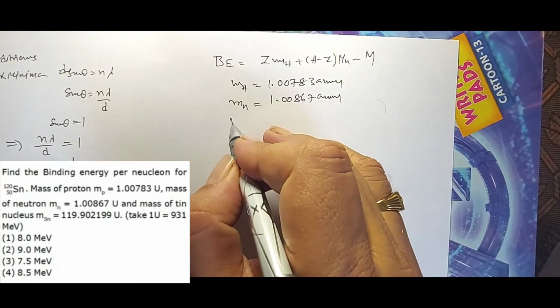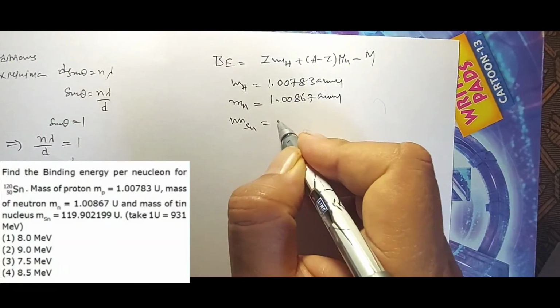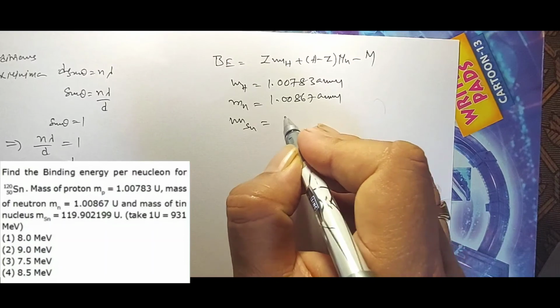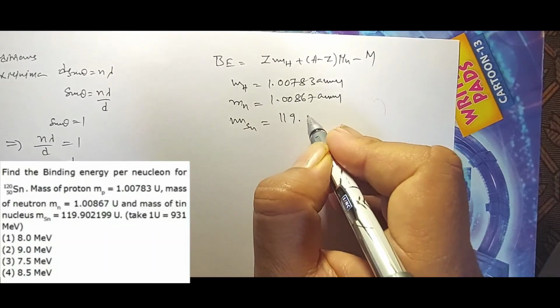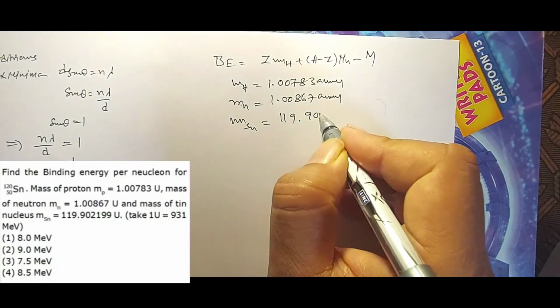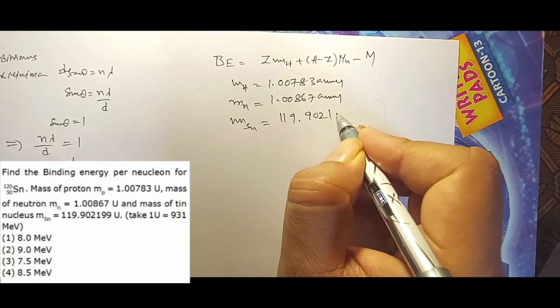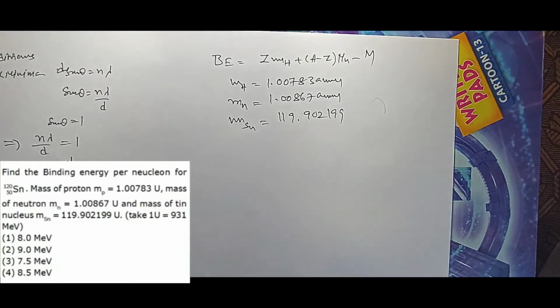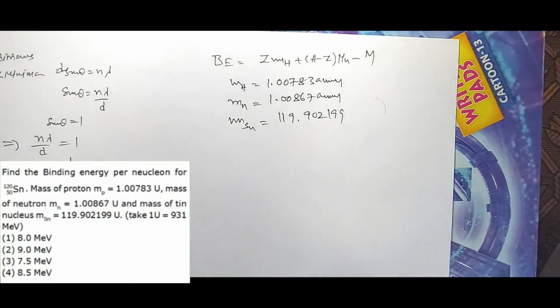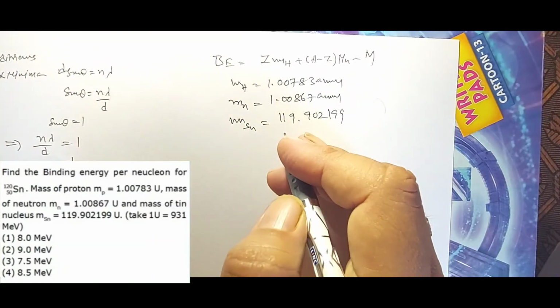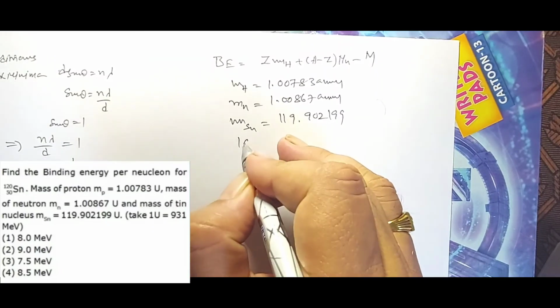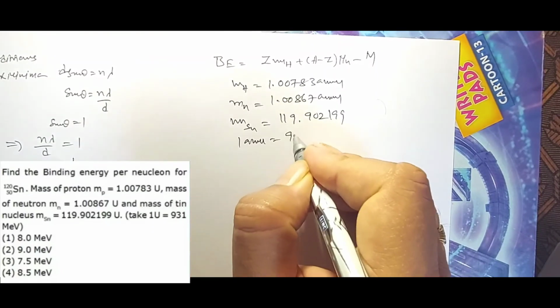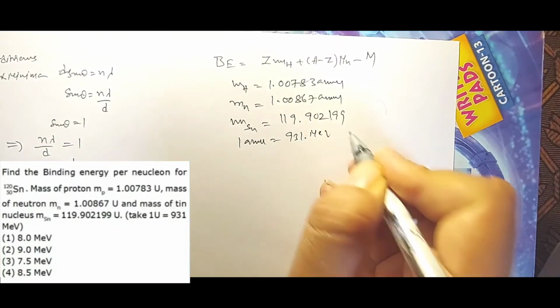The mass of tin, the actual mass of the nucleus, is 119.902199. And they also gave 1 AMU is equal to 931 MeV.